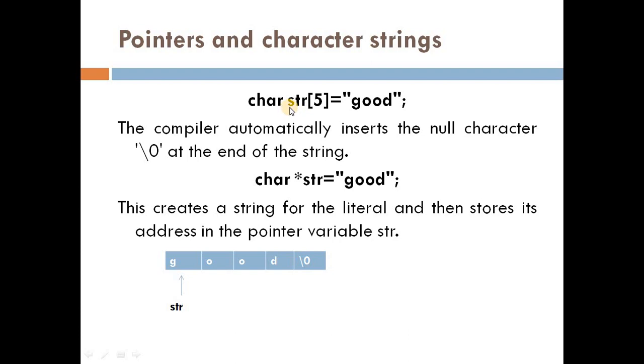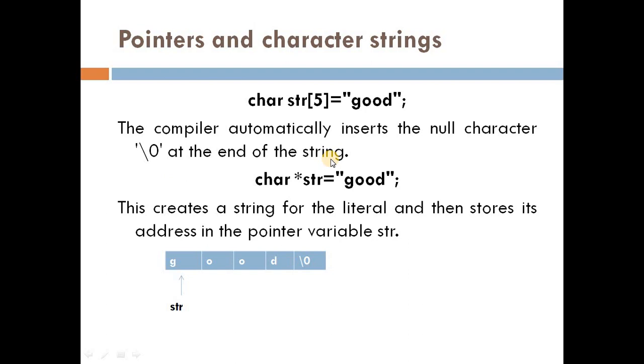The name of the array is str and the size of the array is 5. Now why 5? We have initialized it with 4 characters, 1, 2, 3 and 4, because the last character is a null character. Including that, the size of this character array will be 5. The compiler automatically inserts the null character \0 at the end of the string.